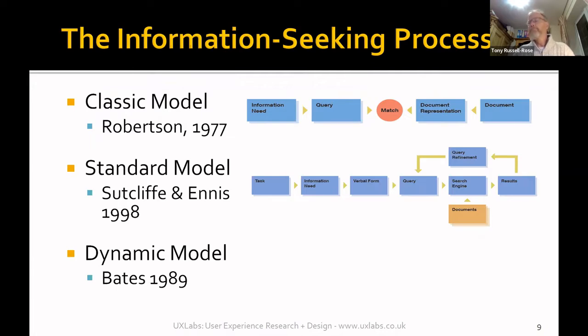And again, this is a very valuable way of characterizing the search process, but in my view, it has two very significant shortcomings that are particularly relevant when we start to think more about designing for users. And that really leads us to the third model, which is called the dynamic model, or sometimes called the berry picking model. And this one was popularized by Marcia Bates. You'll notice a couple of things about it straight away, which is that it's non-linear.